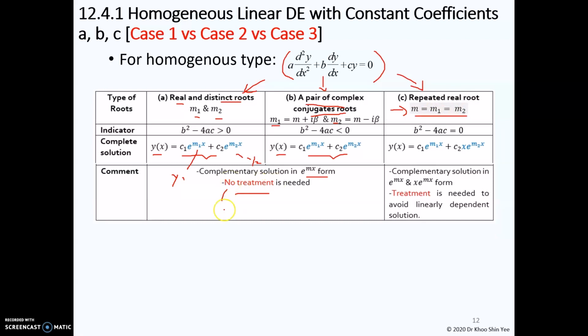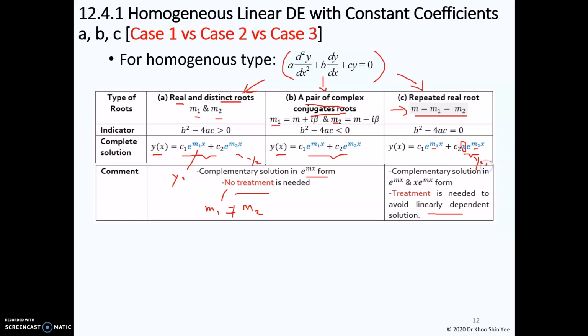Previously, we do not need treatment because m1 and m2 are not the same. Therefore, these two solutions y1, y2 are linearly independent. However, in this case, m1 is equal to m2. So to avoid a linearly dependent solution, we need to multiply the second solution with the independent variable. By doing this, you obtain a new y2.